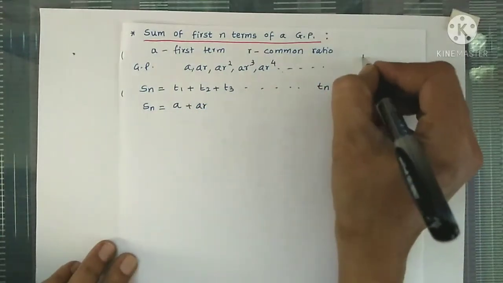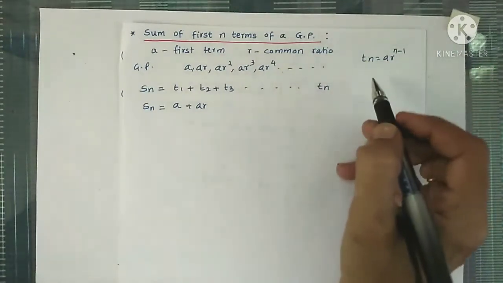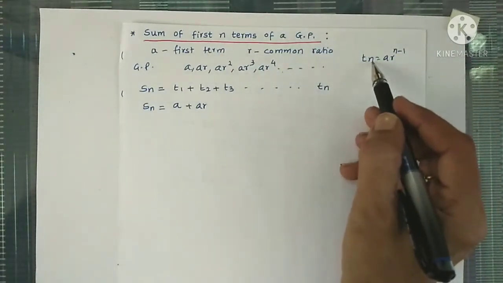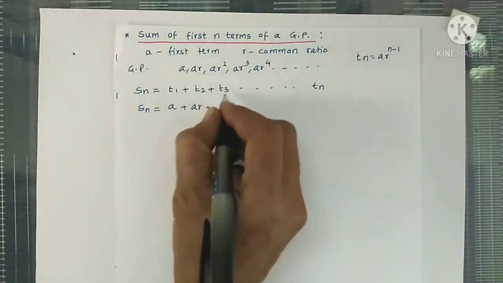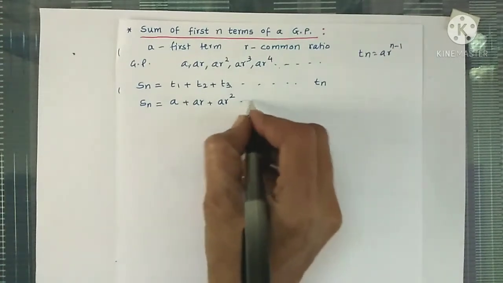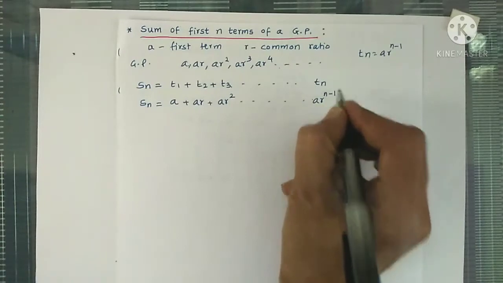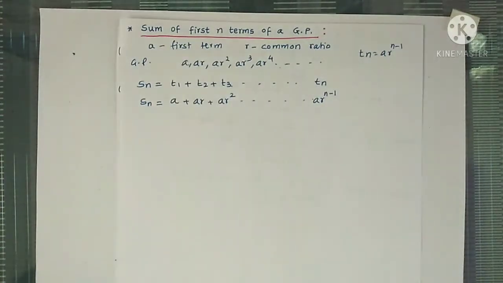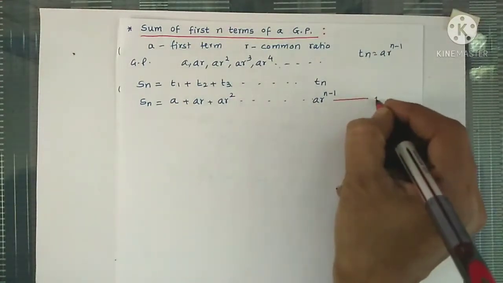We know the formula for tn, it is A r raised to n minus 1, so we subtract 1 from the suffix to write the index. Here we have 3, so A r raised to 3 minus 1, the next will be AR cube, and this one is A r raised to n minus 1. So we want this sum. Let this be our equation number 1.